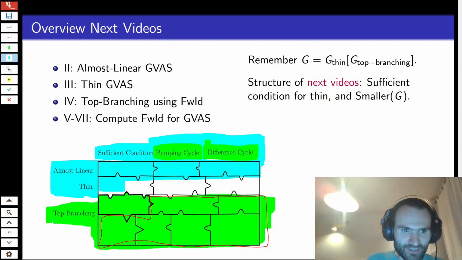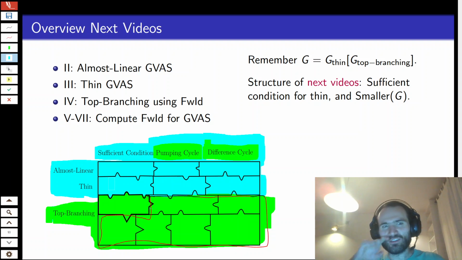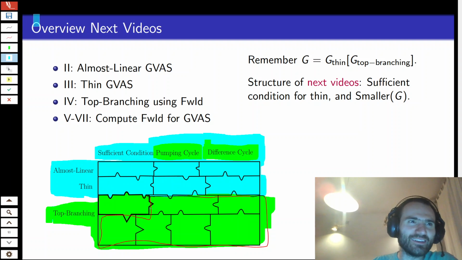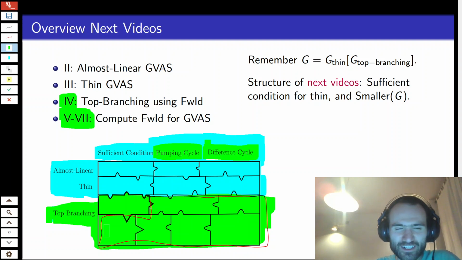Then in part 3, we will extend the corresponding algorithm to the thin case, giving us the top row of this mosaic. And then, well, the remaining videos 4 to 7 will do the top branching stuff.